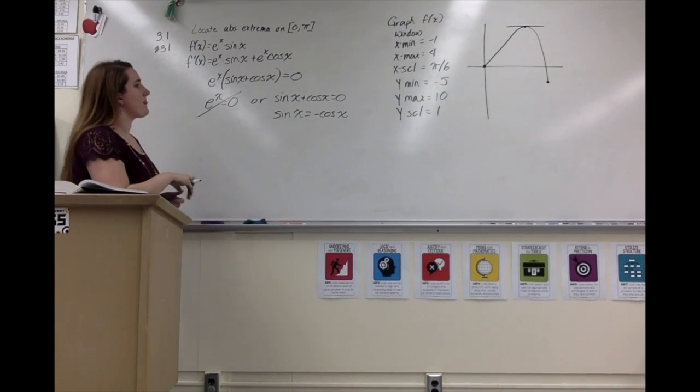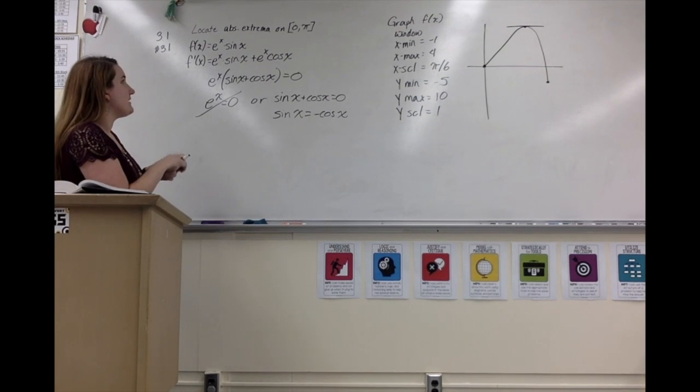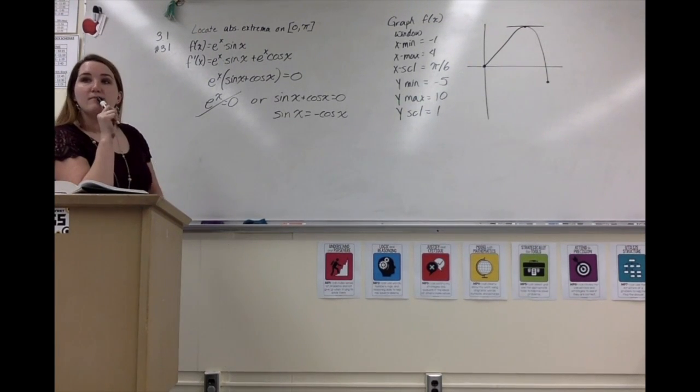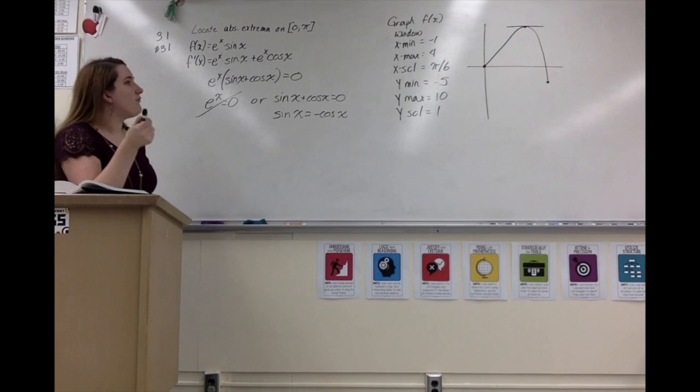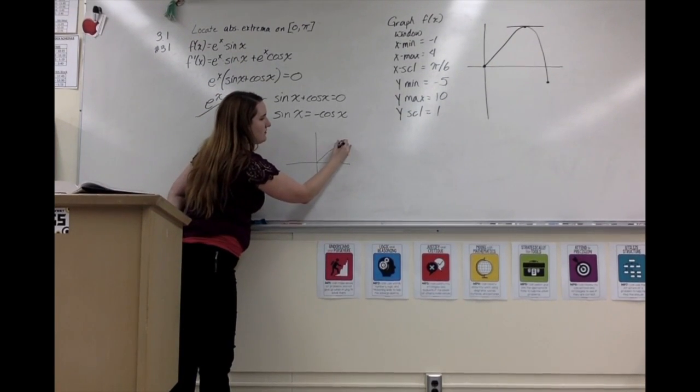Right? So if we think about our unit circle, between 0 and pi, where are sine and cosine opposites of each other? At what x value? At 45 degrees, think about the unit circle, it's root 2 over 2 and root 2 over 2.